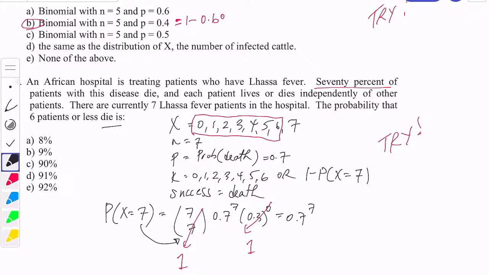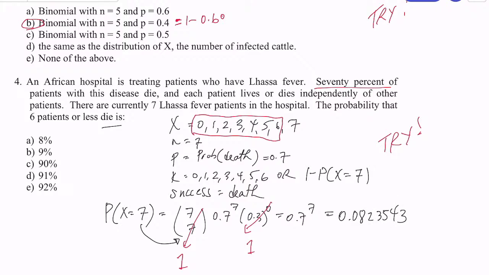Let's finish this. 0.7 to the power of 7 is 0.0823. I'm going to keep a lot of decimal places because I'm not finished yet. I need to take this away from 1.